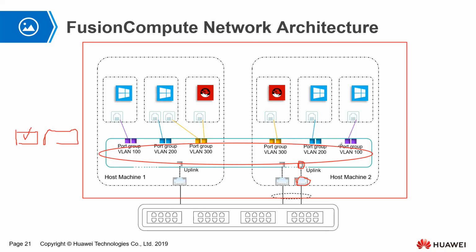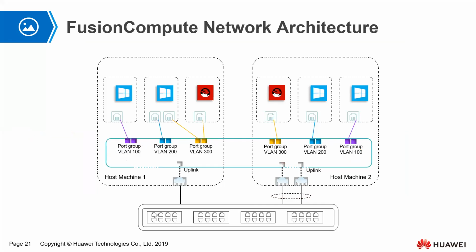And a server allowing layer 2 migration in a cluster can be specified to create a virtual layer 2 network based on service requirements and a configured VLAN used by the network. So we have already seen in this diagram that we have different port groups and different VLANs.